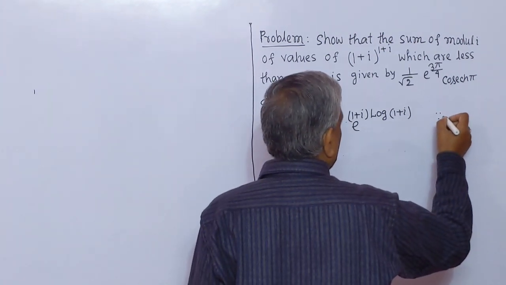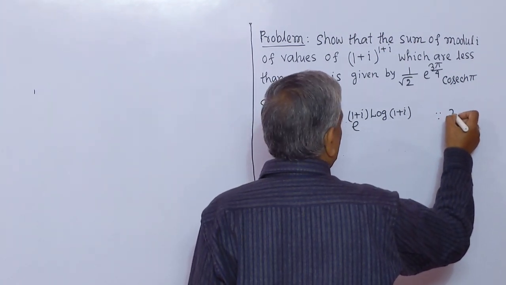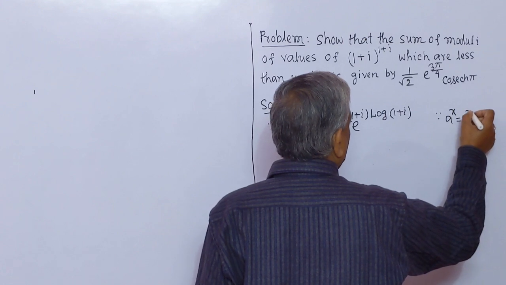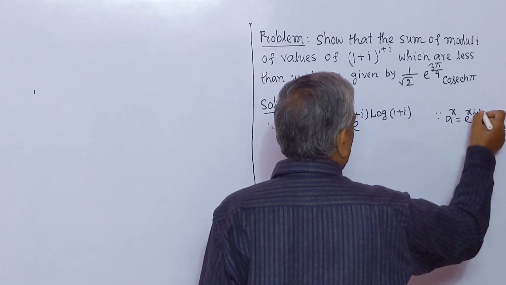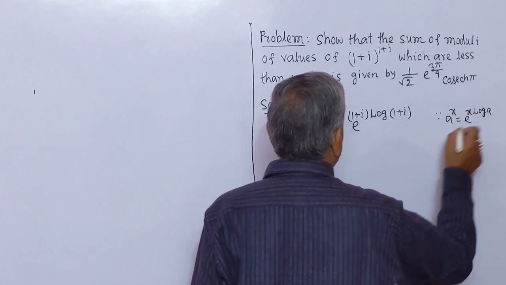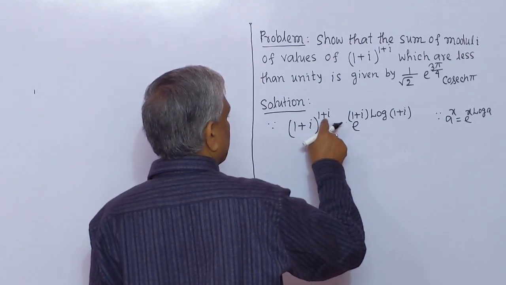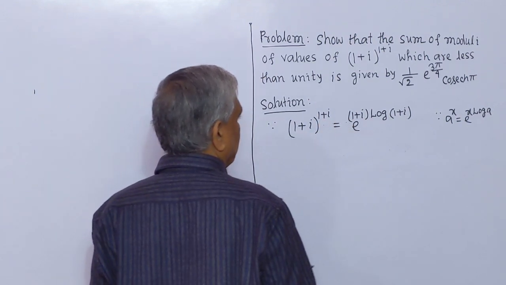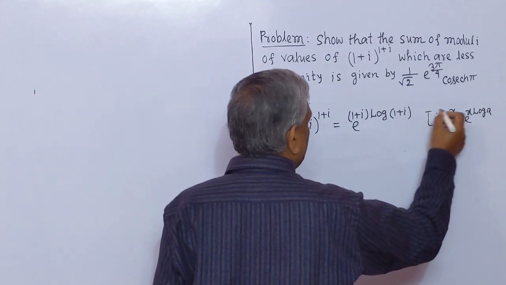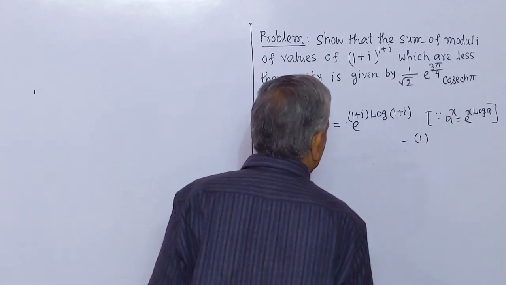Since a to the power x equals e to the power x log a, here a is 1 plus i and x is 1 plus i. Let this be number 1.